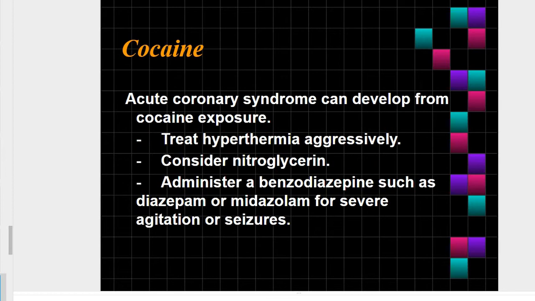Cocaine can cause acute coronary syndrome. They can become very hyperthermic. If they are hyperthermic, treat it aggressively. If they are showing signs of ACS, chest pain, etc., consider nitroglycerin drip, and consider administering benzodiazepines such as diazepam or midazolam, Valium or Versed, for severe agitation or seizures.